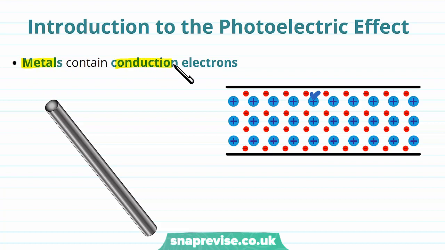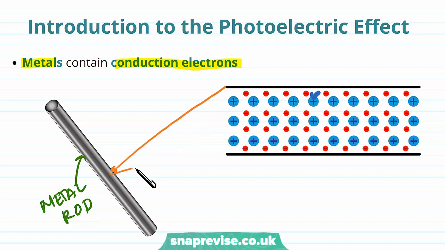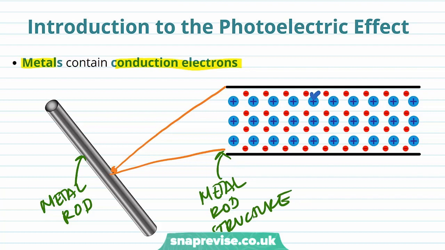Metals contain conduction electrons. So here we have a metal rod, and if we take a look at its structure in a bit more detail, we can see that the metal rod is made up of these conduction electrons and also positive ions.